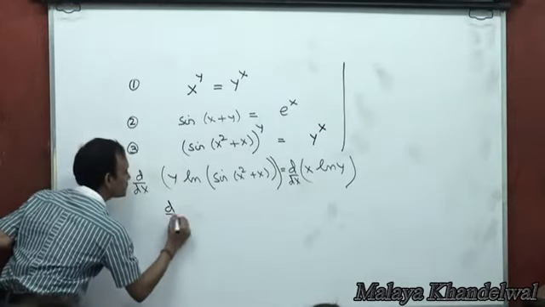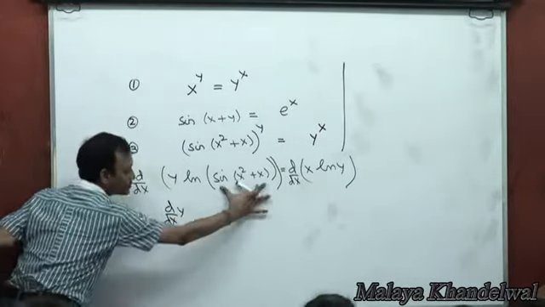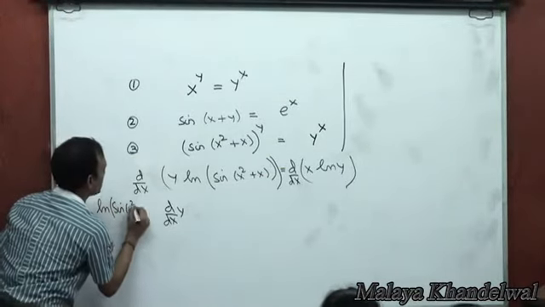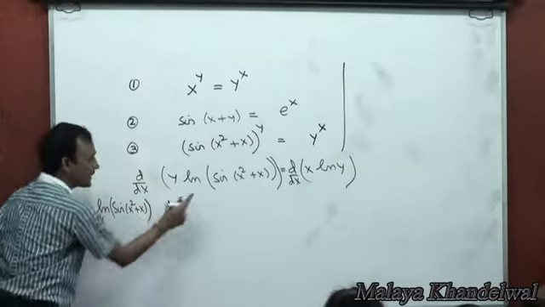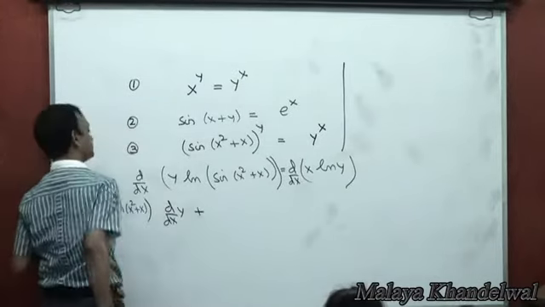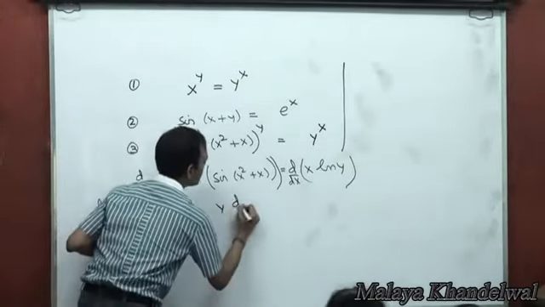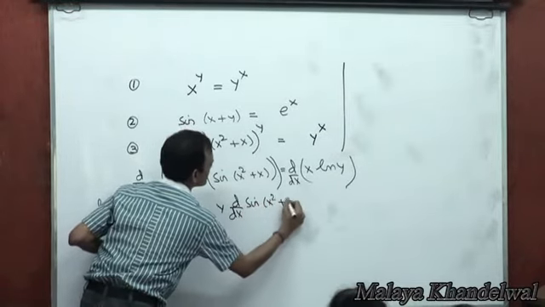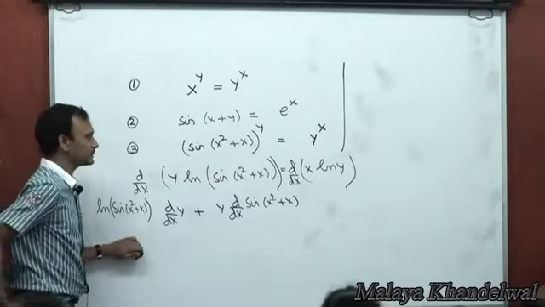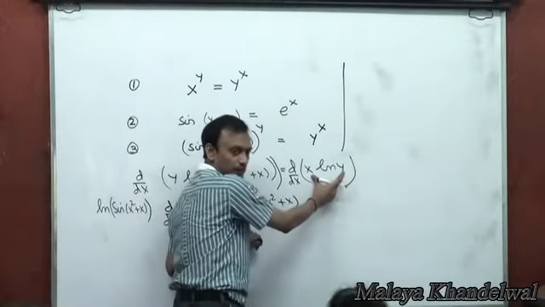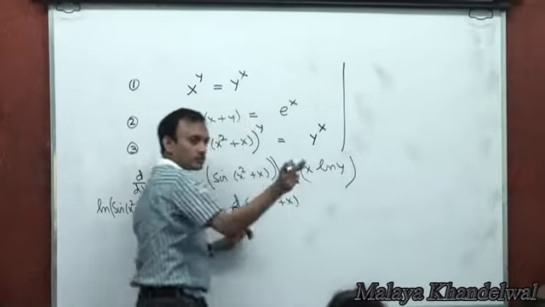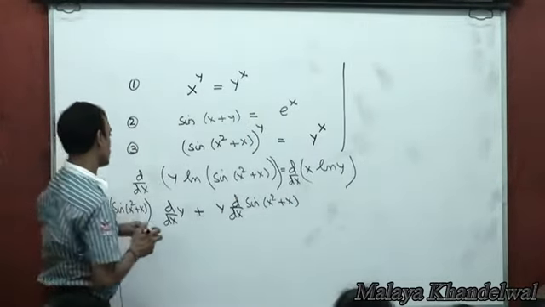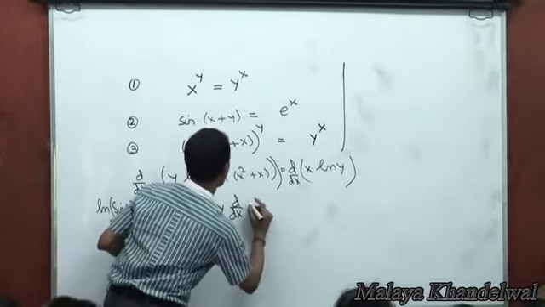So d/dx of y into this, ln of sine of (x squared plus x), right? Plus y into d/dx of ln sine of (x squared plus x). Oh, ln, I missed out.